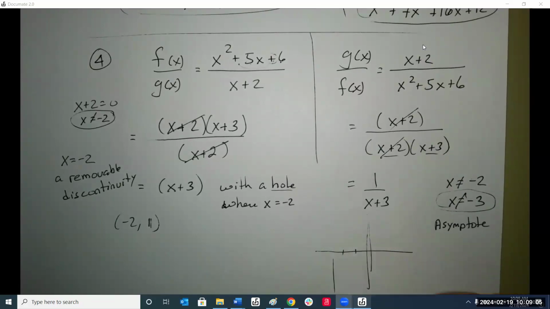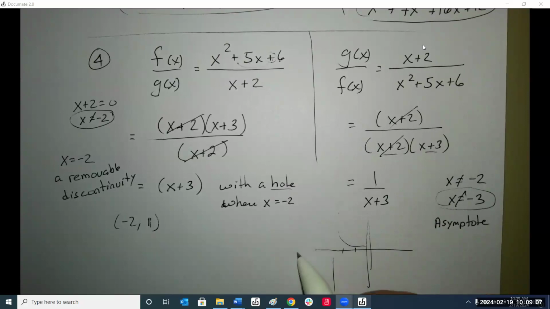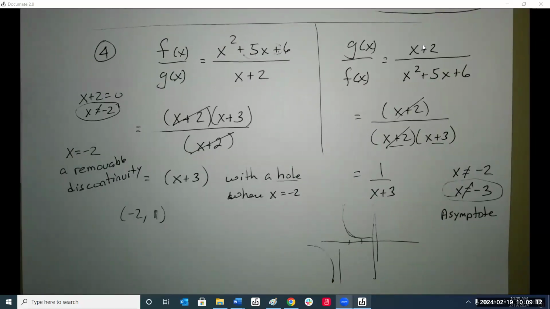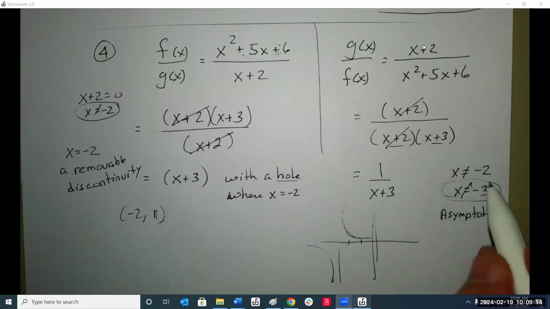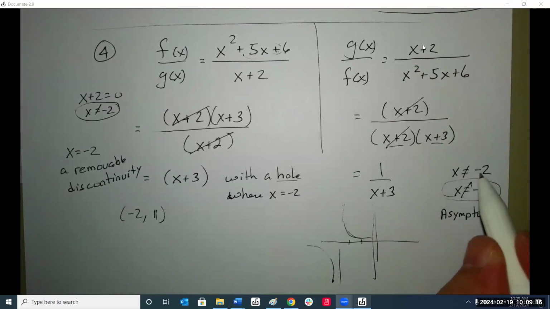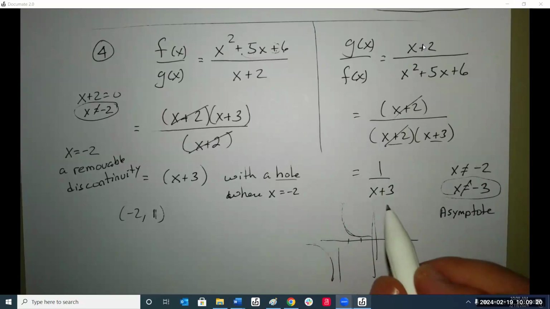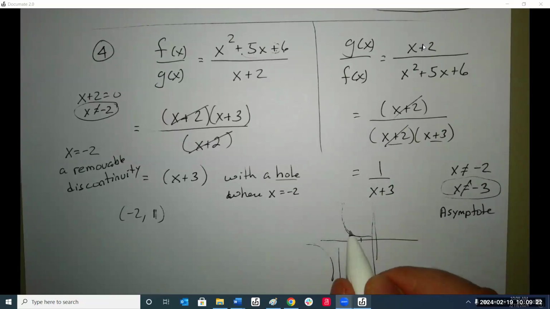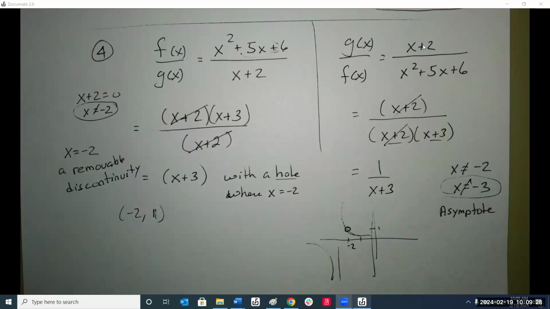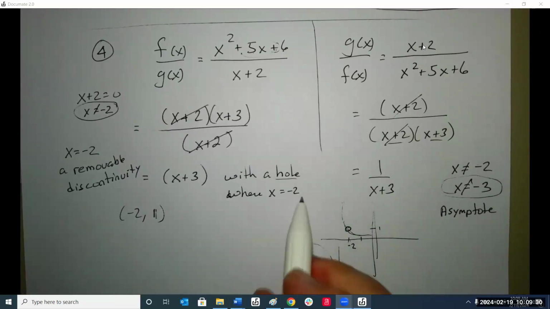And so our graph will look something like this. We just cannot use that. Now, where it's -2, 1 over 1. So at -2, 1, I have a hole in my graph.